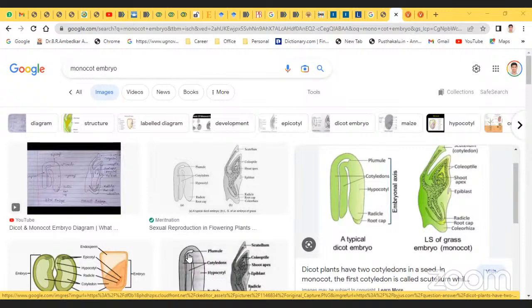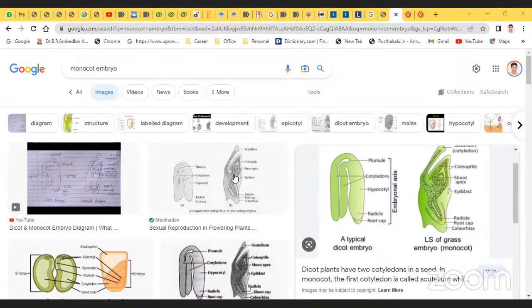So today we learn about the development of endosperms. How many types of endosperms are there? Three types: nuclear, cellular and helobial.